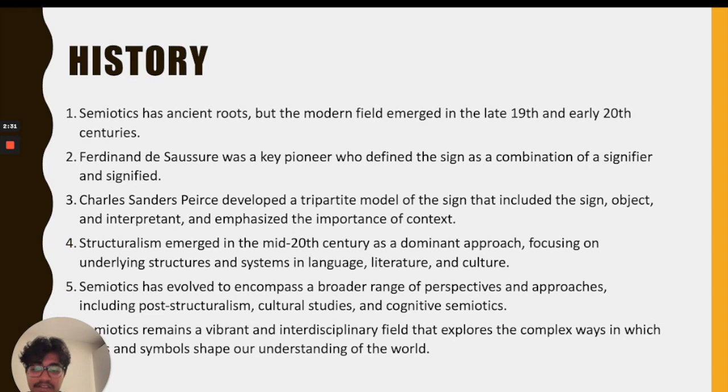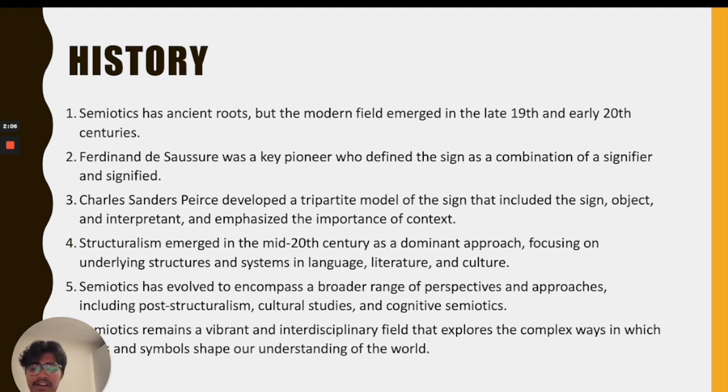One of the earliest pioneers of semiotics was Ferdinand de Saussure, a Swiss linguist who is often referred to as the father of modern linguistics. Saussure's key contribution to semiotics was his concept of the sign, which he defined as a combination of signifier and signified.